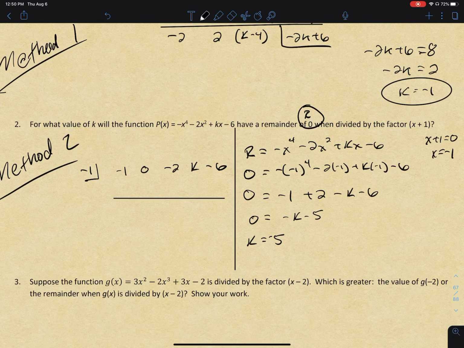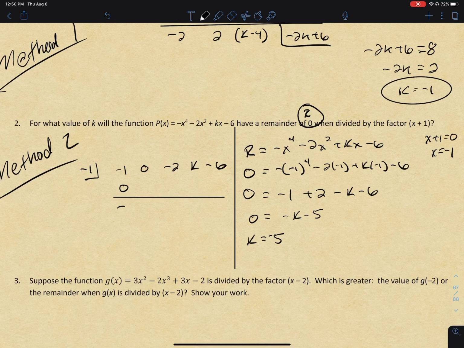So let's see. Add and multiply, add and multiply, add and multiply, add. I don't have a lot of space here.